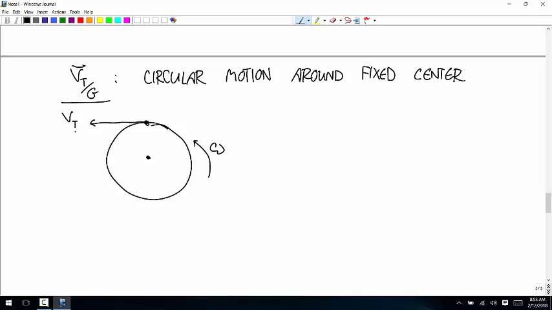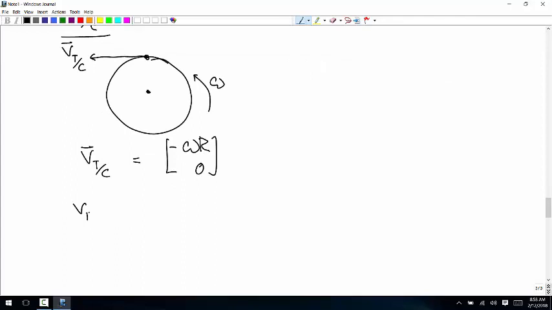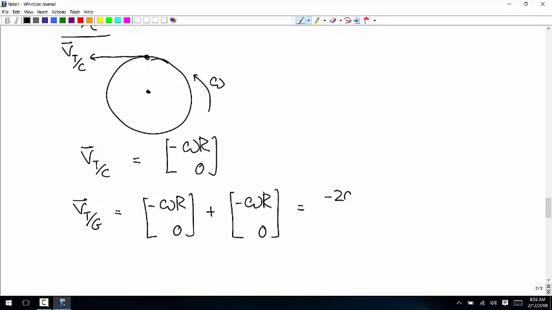That's the velocity of the top. Oops, this should say center. Top relative to the center. And so velocity of the top relative to the center is equal to negative omega r, 0. So the velocity of the top relative to the ground is negative omega r, 0 plus negative omega r, 0, or negative 2 omega r.